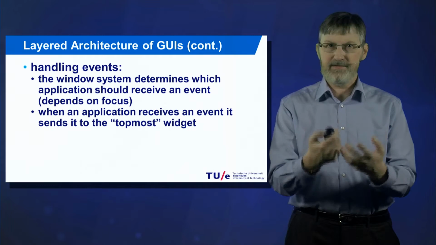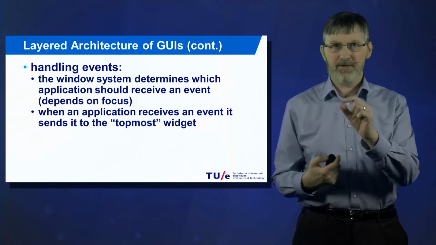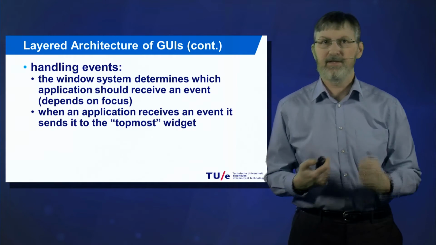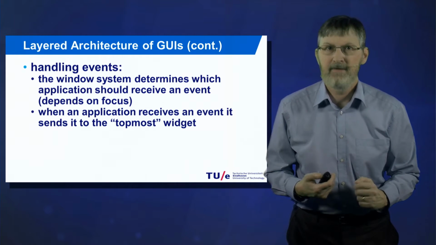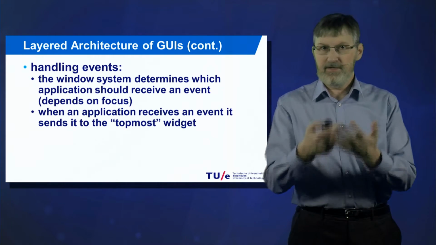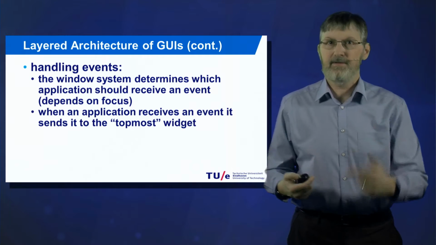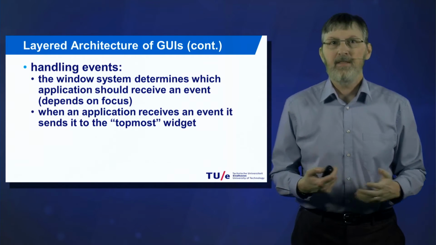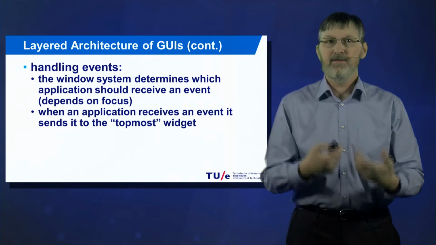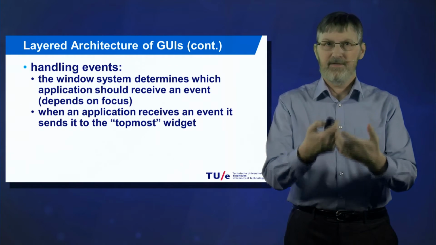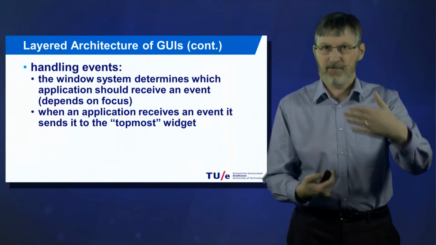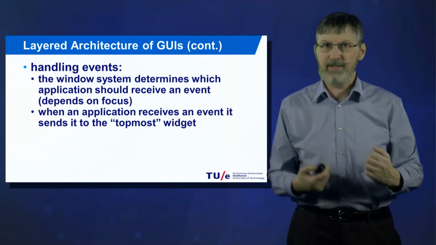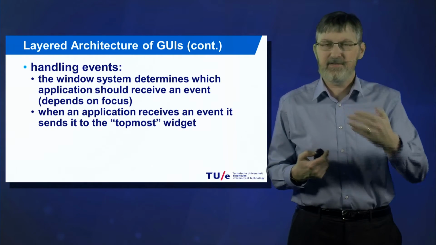What happens is that depending on the coordinate of the mouse pointer in case of mouse input, or depending on the keyboard focus being assigned to a certain text field, the application will send the event to the topmost, so the most forward widget that exists at that location.